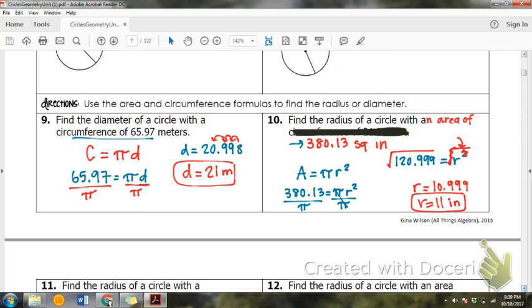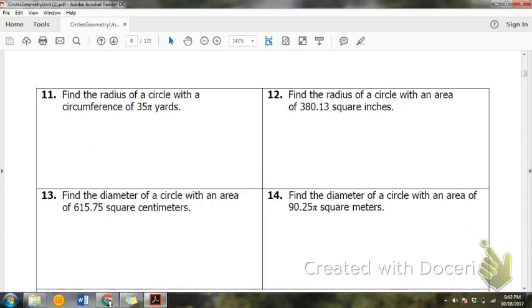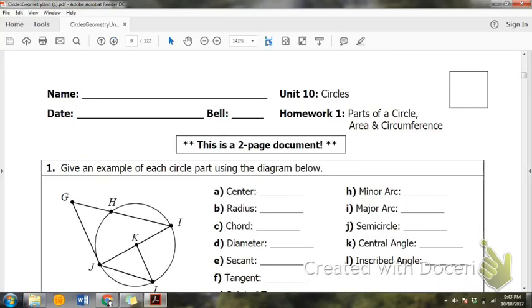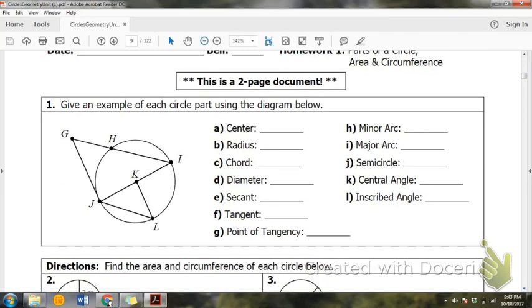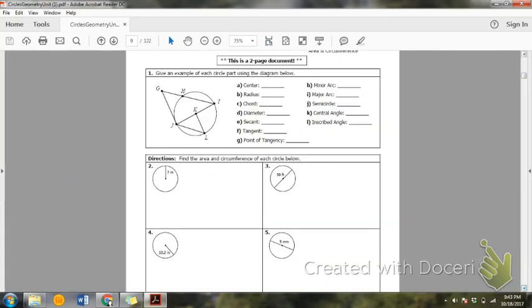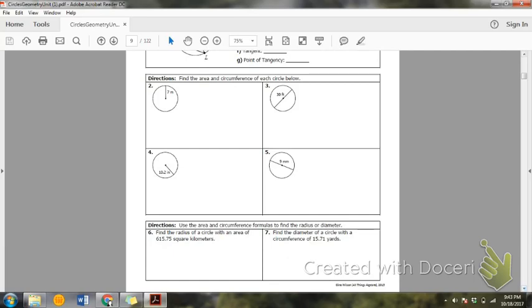So on your homework, the next page that you have should look like this. It won't say homework 1, but it will look like this, and you need to do 1 through 7 all. That's it.